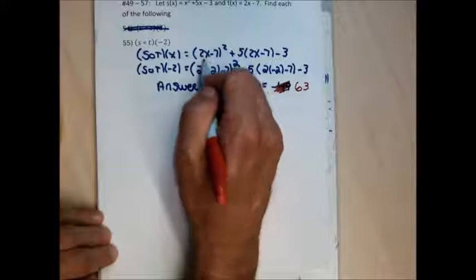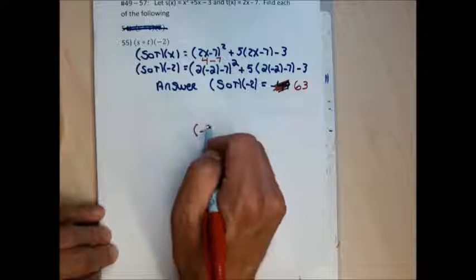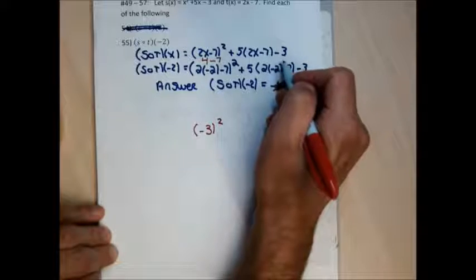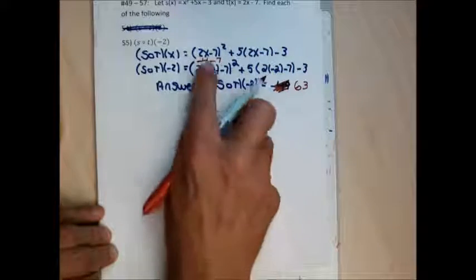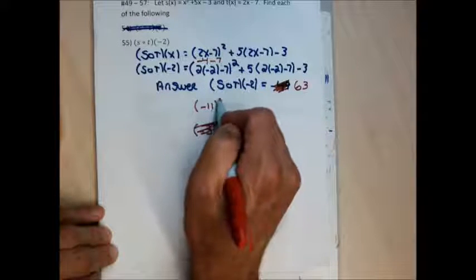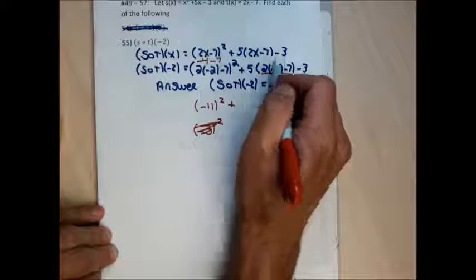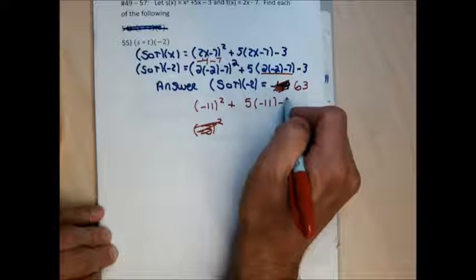This first parentheses is negative 4 minus 7, my lord. Negative 4 minus 7, the first parentheses should be negative 11 squared. The second parentheses has the same negative 4 minus 7, so it's going to be plus 5 times negative 11, and then minus 3.